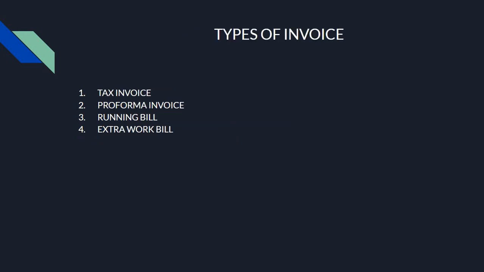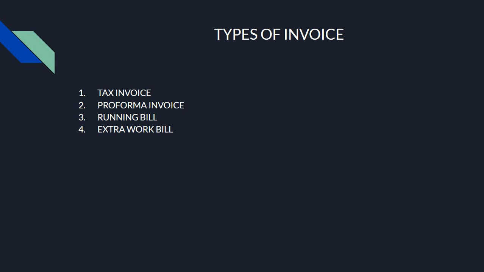First, types of invoices. There are basically four types of invoices used in real estate operations: tax invoice, pro forma invoice, running bill, extra work bill. First, tax invoice. Tax invoices are raised by the builder to its client on booking of their flats.